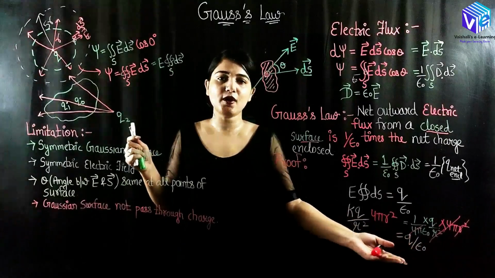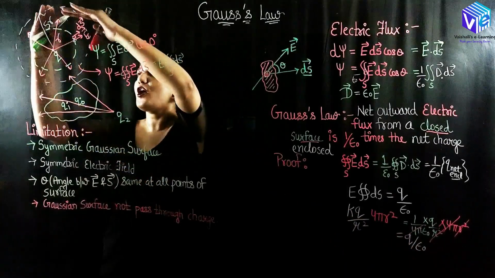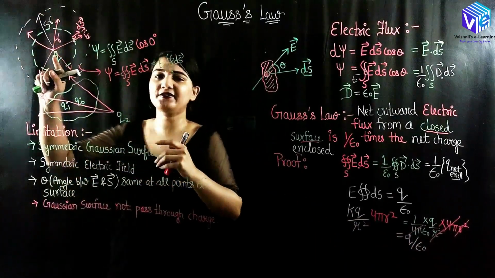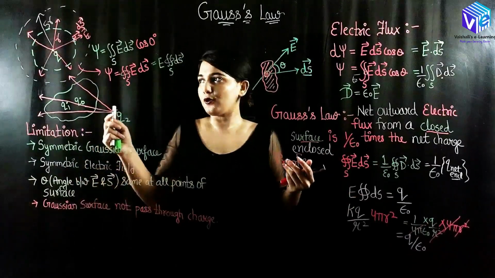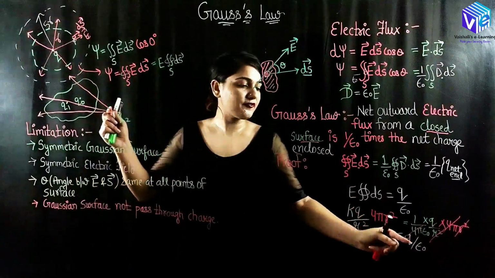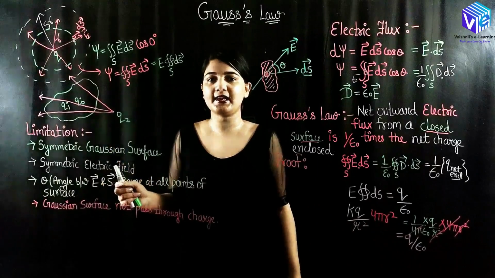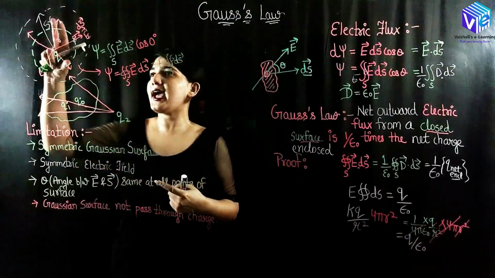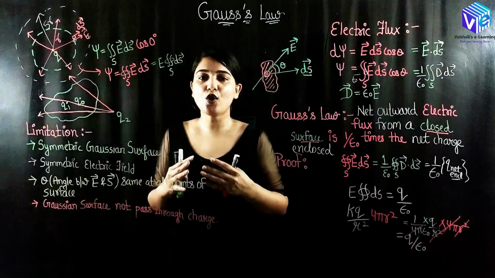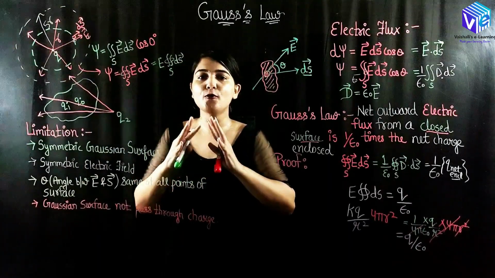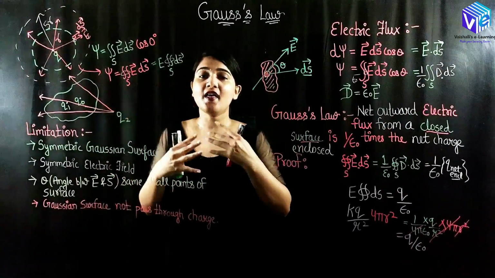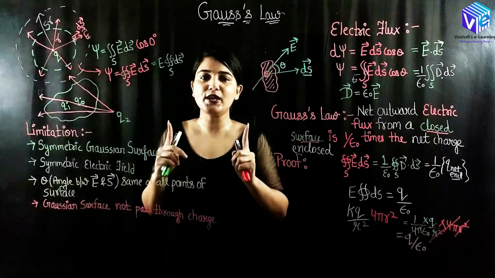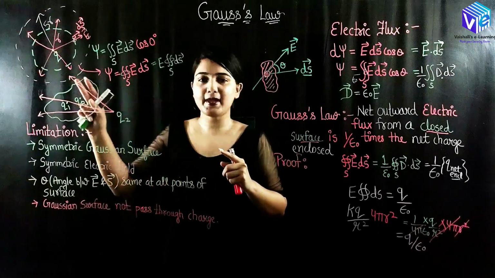It will again be Q upon epsilon naught, because for this bigger sphere also we have the net charge Q only. So the net outward flux will again be Q upon epsilon naught. One thing I have deduced is that whatever the radius of the sphere, however big my surface is, the net outward flux will not change. It will remain the same.